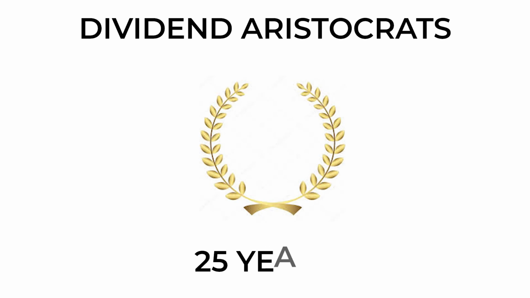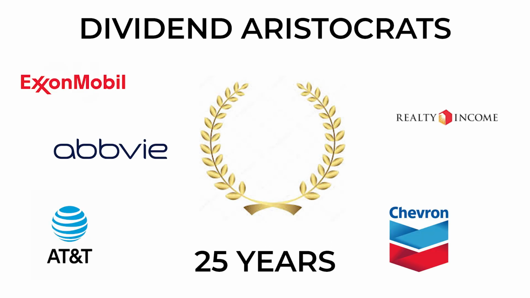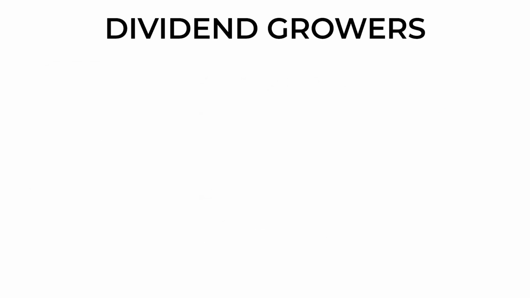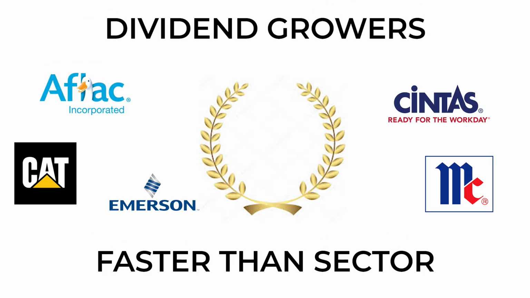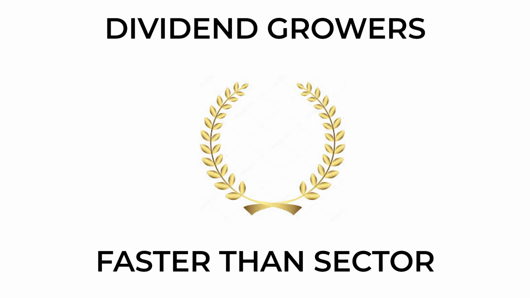Then we have the dividend aristocrats, which are companies that have consistently increased their dividends for 25 years. And finally, we have the dividend growers, which are the companies that are growing their dividend payouts more than their peers and the industry.